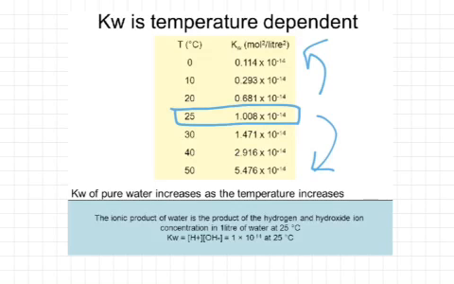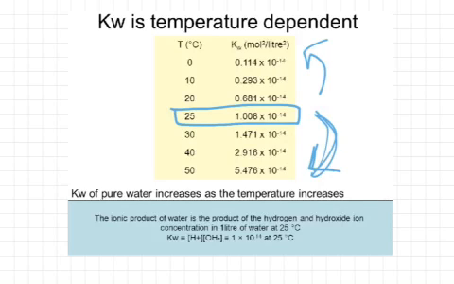That means cold water ionizes less, which makes sense, because if your water molecules are moving slower and have less energy, they're not going to react with each other as much and turn into those ions. If you heat the water up, you're giving them more energy, making them move around and collide, which means they're more likely to turn into an ion.